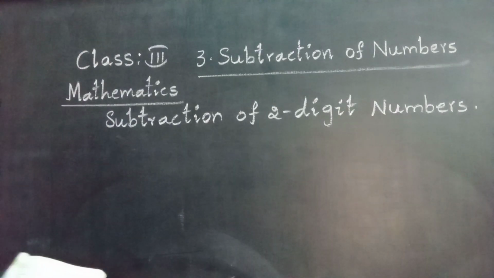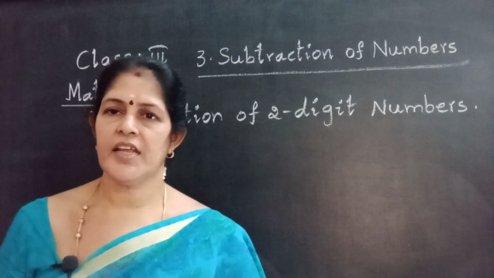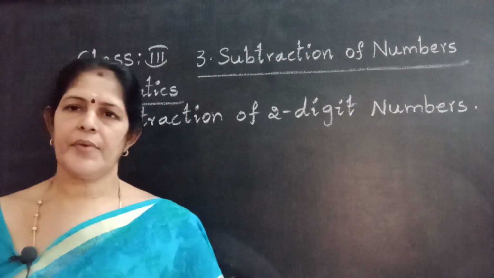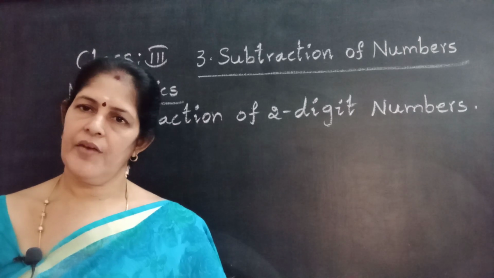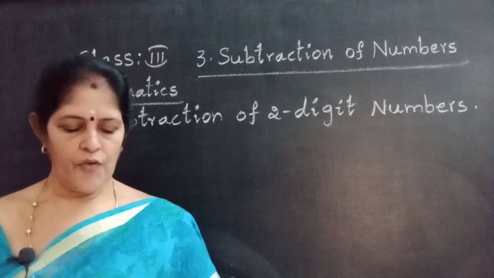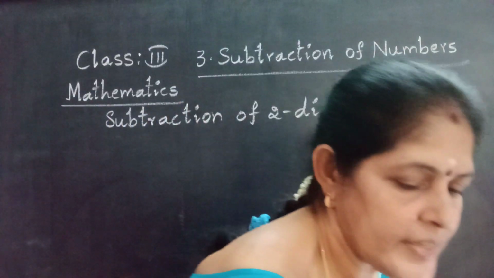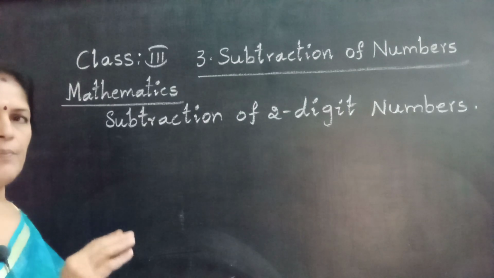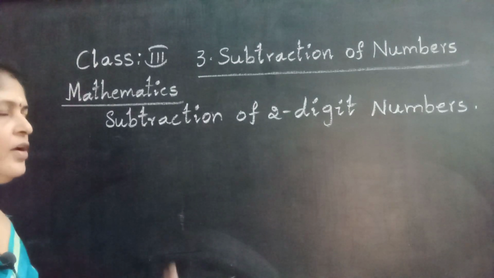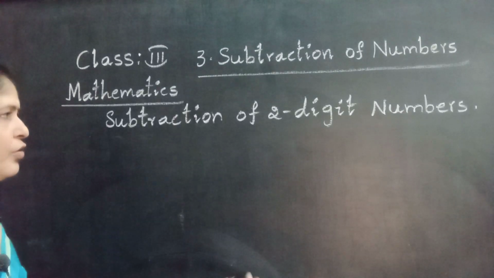That is what we are going to subtract. Already you learned subtraction in second class. Subtract 2-digit number from 2-digit number, 3-digit number from 3-digit number. Now once again we are going to take away 2-digit number from 3-digit number, 2-digit from 2-digit, with regrouping, without regrouping.